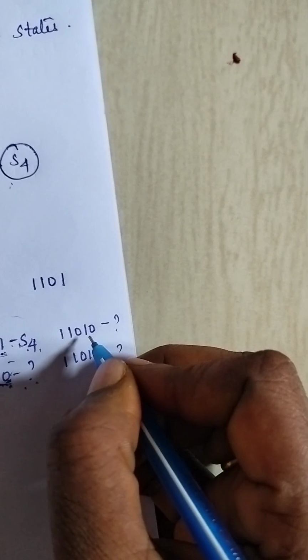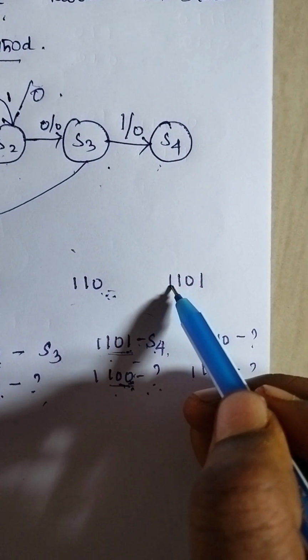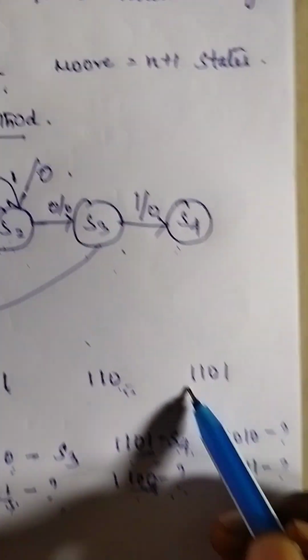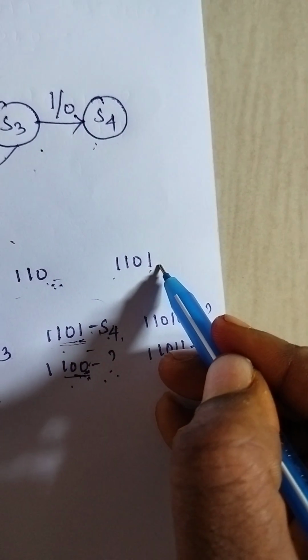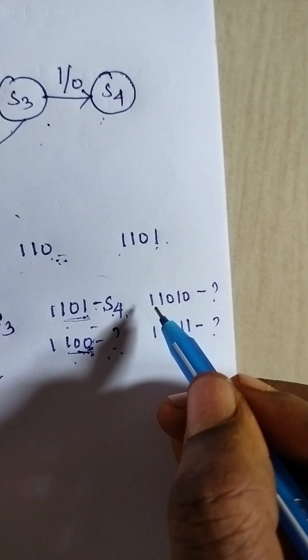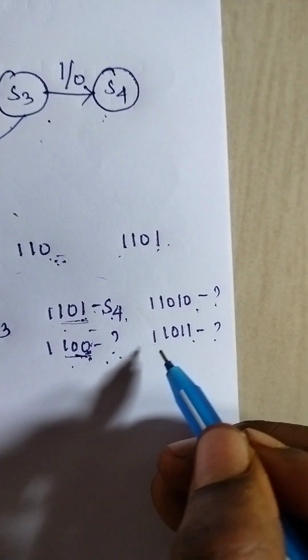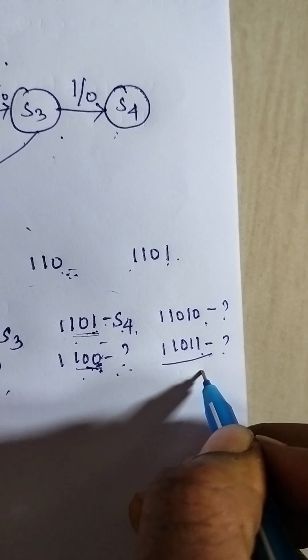Now, we are going to complete the state diagram. Just see, my sequence is 11011. Here I got 1101. The next bit should be 1. So I have the options 11010 or 11011.